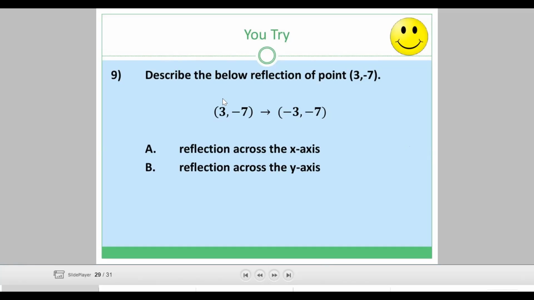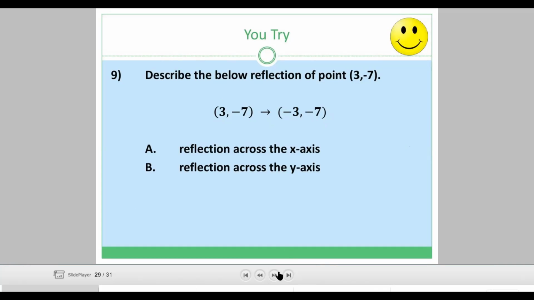Remember your point, this is x, this is y, this is x, this is y. Notice the two y values in the object and the image are the same. That means it's the reflection in the y-axis. If it was in the x-axis, then the x values will be the same.